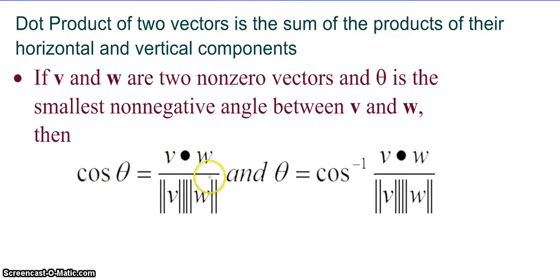Cosine of theta is v dot w over the magnitude of v times the magnitude of w. Something to think about, because this is going to come up, I believe, tomorrow night, is this can also tell us if two vectors are perpendicular or if they are parallel. So think about what the dot product, if we know the dot product, how it can help us find that information. That's it for this video.